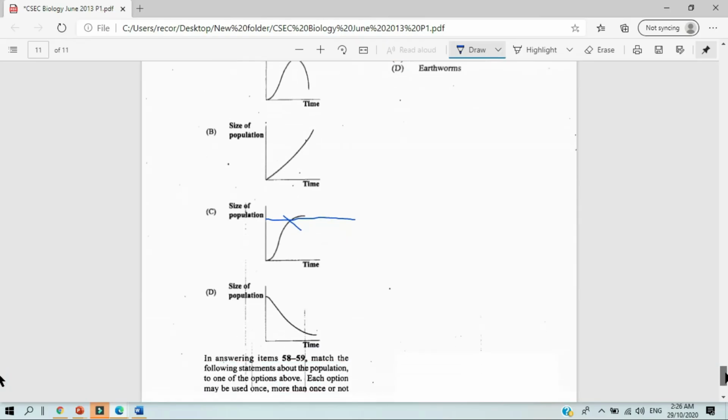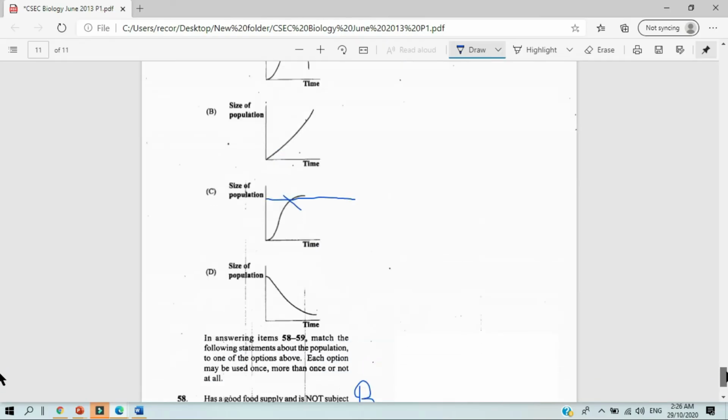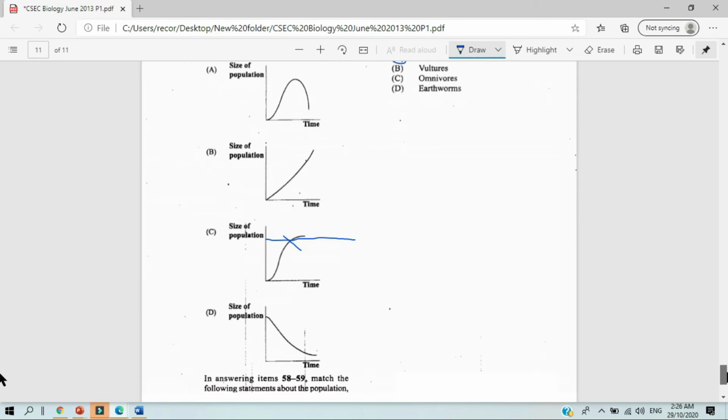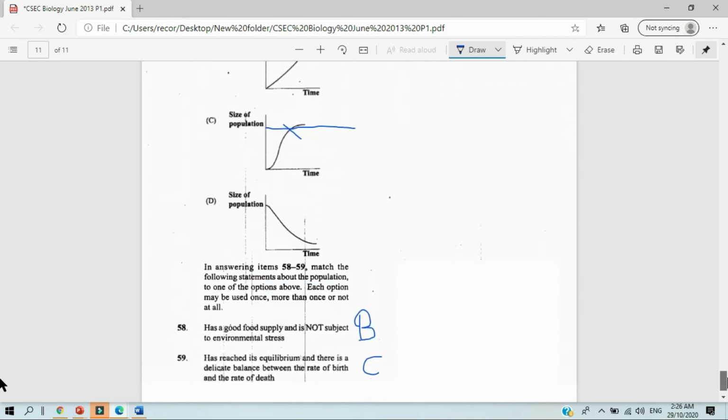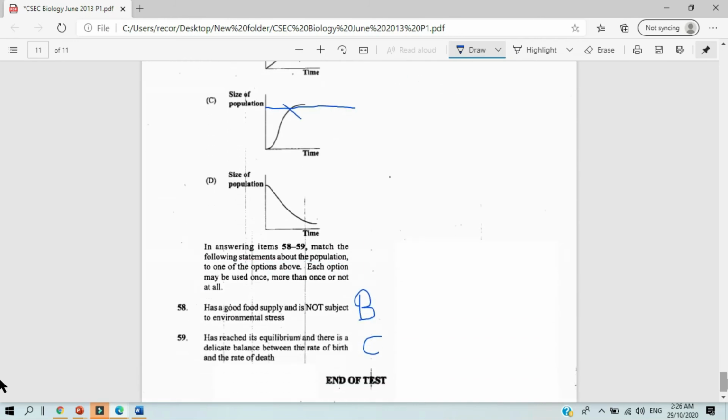This particular graph is somewhat related to what we call a sigmoid growth curve, or the S curve. In answering items 58 to 59, match the following statements about the population to one of the options above. Each option may be used once, more than once, or not at all.